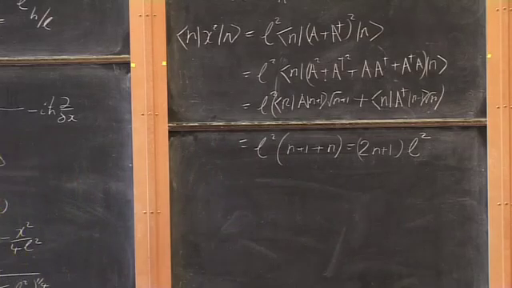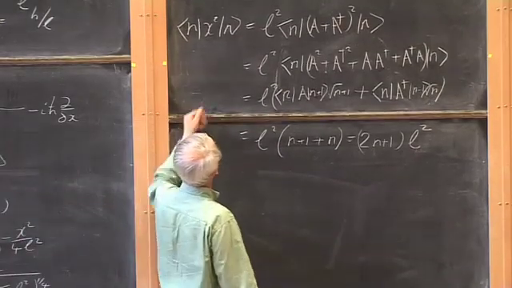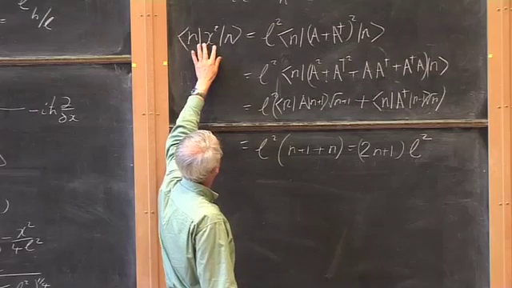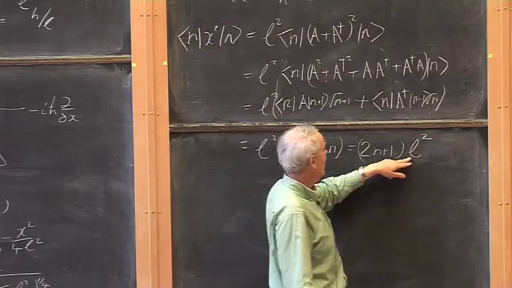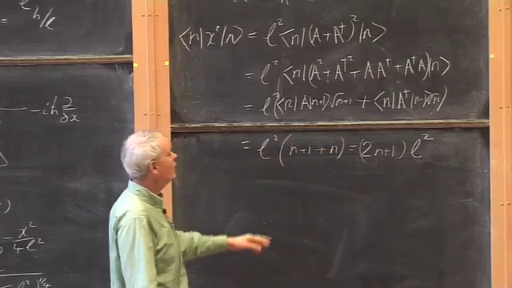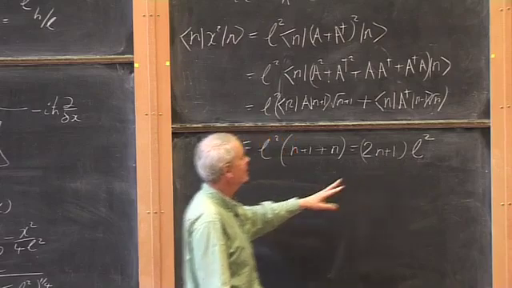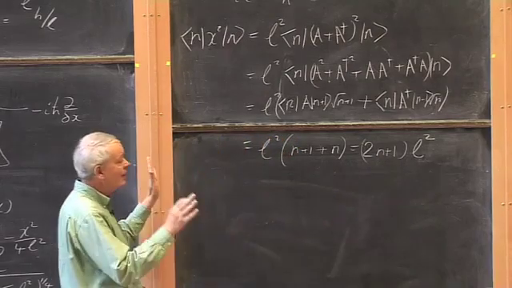So my time is up. We've discovered something interesting, which is that the expectation value of x squared is 2n plus 1 L squared. Did we already know about it? No, we didn't, in a certain sense. Yes, we did. We knew it for the ground state, n equals 0.